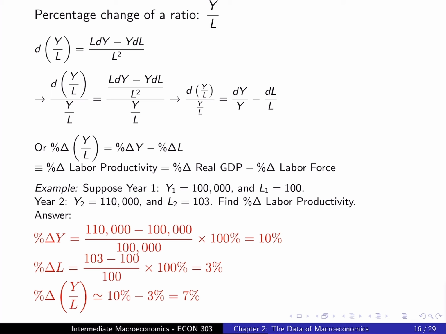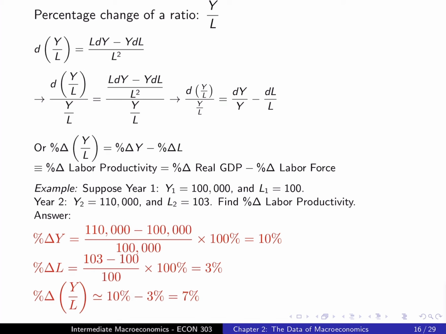Dividing both sides by Y over L, and after rearranging, d(Y/L) over (Y/L) equals dY over Y minus dL over L. This gives us the rule: percentage change in Y over L equals percentage change in Y minus percentage change in L. Equivalently, percentage change in labor productivity equals percentage change in real GDP minus percentage change in labor force.